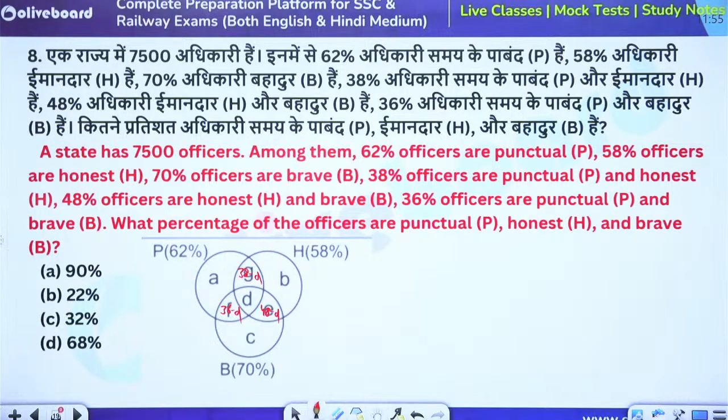So this plus D plus A. They have not given the value of A, no? So DA, DB, DC. I can make 3 equations and then I can add all of them to get 100.